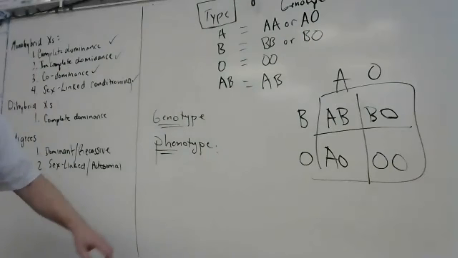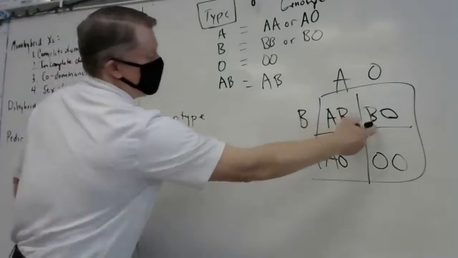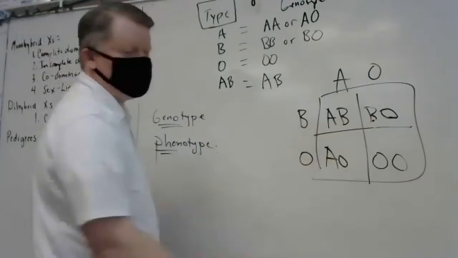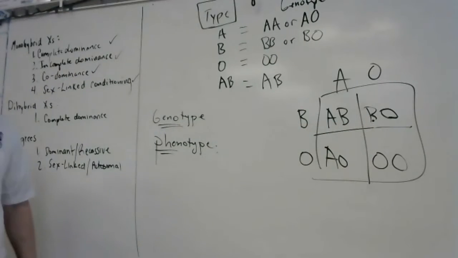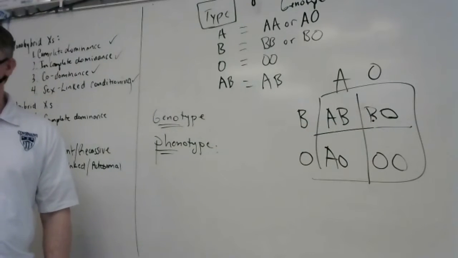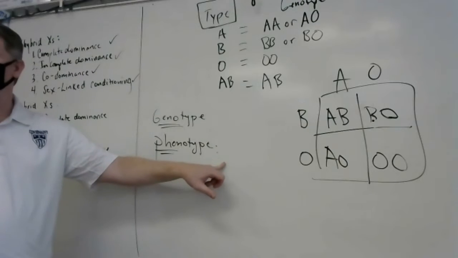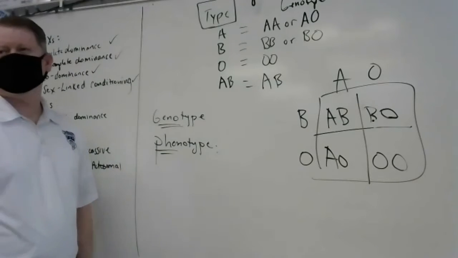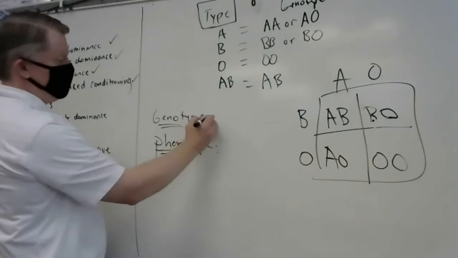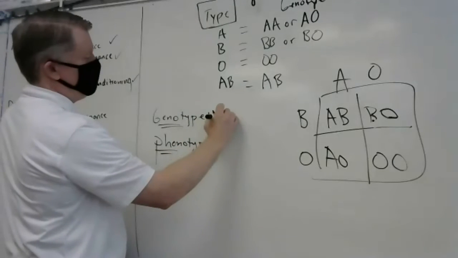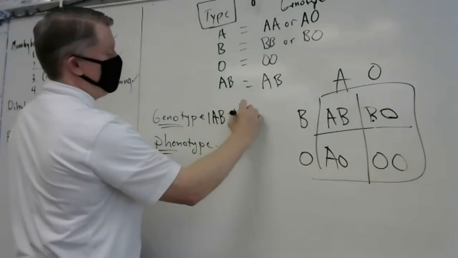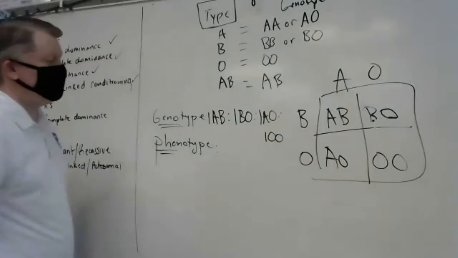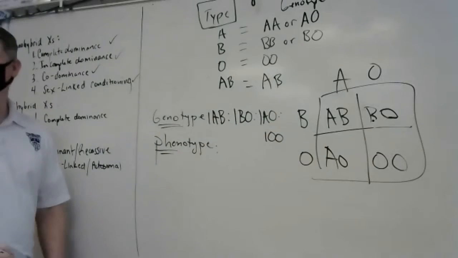Okay. Genotype ratio. You've got to list each of these. I'm not going to do it, just to save time. Genotype, just list each of these individually, right? 1/4. What's the phenotype? 1 AB, 1 B. Oh, maybe I should list these just so you can see the difference of genotype, phenotype. So here's my genotype. That's the genotype. Now watch when I list the phenotype. Tell me the difference.